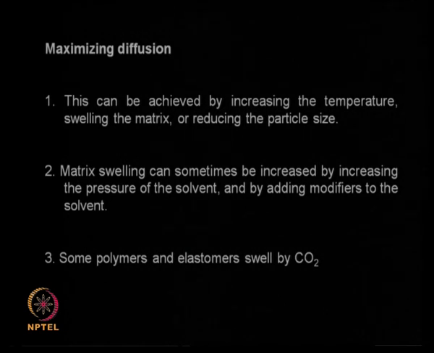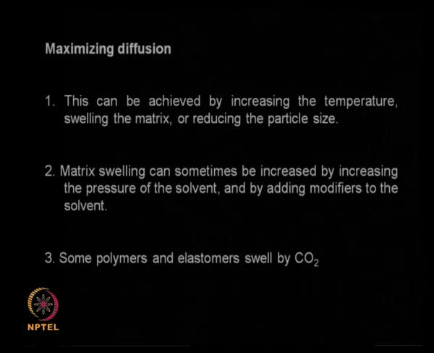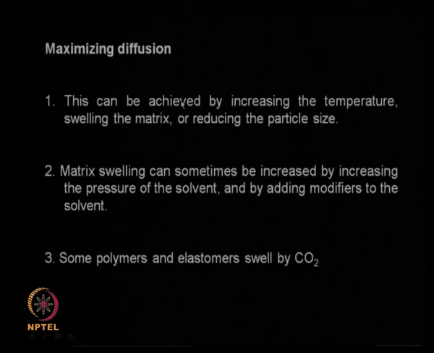If you are talking about optimization, we also need to consider improving the diffusion. This can be achieved by increasing the temperature, assuming that the chemicals that are getting extracted do not get degraded at higher temperature. Swelling the matrix: if you have a solid plant material or a solid food product, by swelling it you can allow the supercritical fluid to enter through the interstices, small pores and so on.